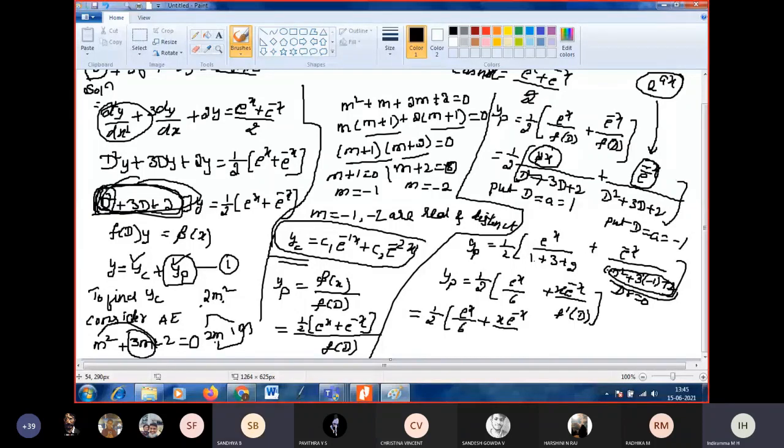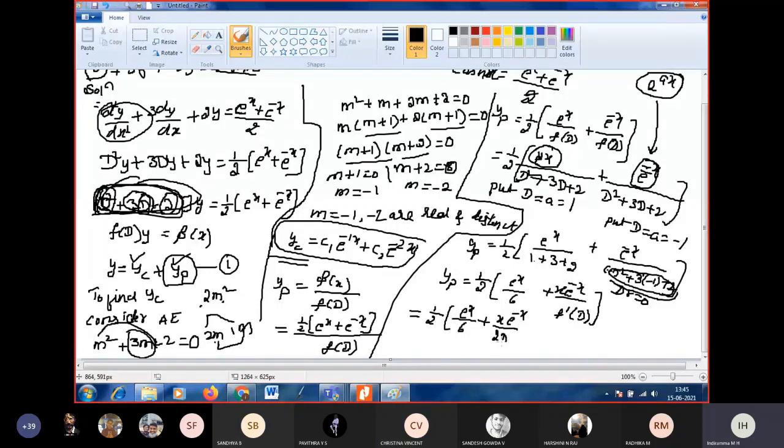Plus 3 into the differentiation of d, which is 1, so 3, plus the differentiation of 2, which is 0. So what is f dash of d? It is 2d plus 3.